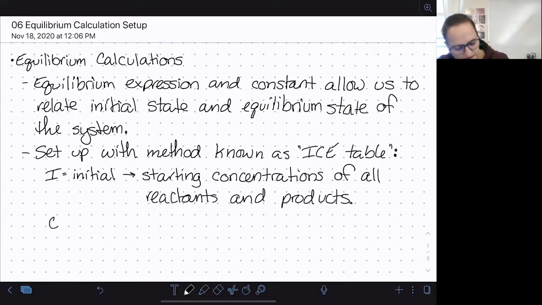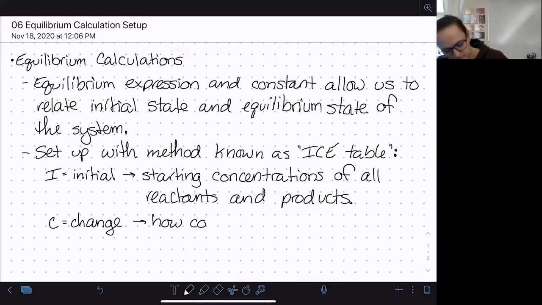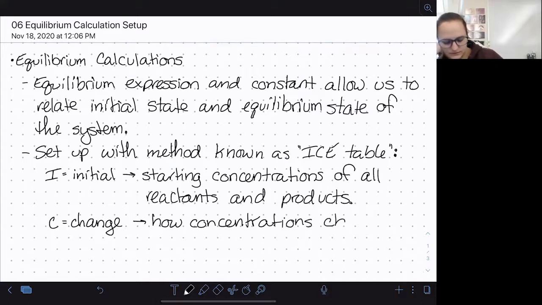The C stands for change. And this describes how the concentrations change between the initial and equilibrium state, as your system approaches equilibrium.